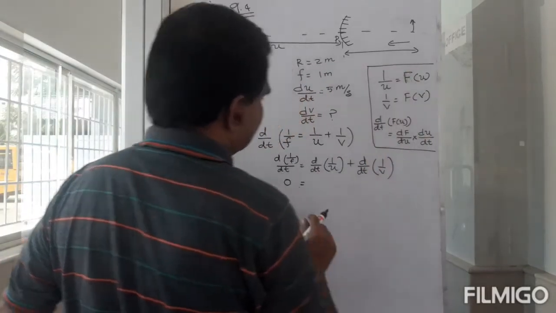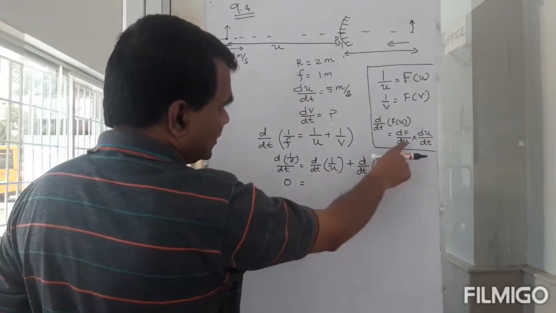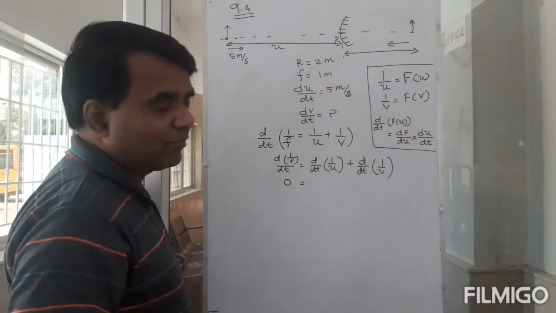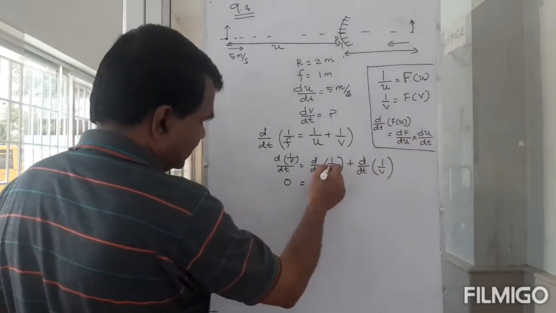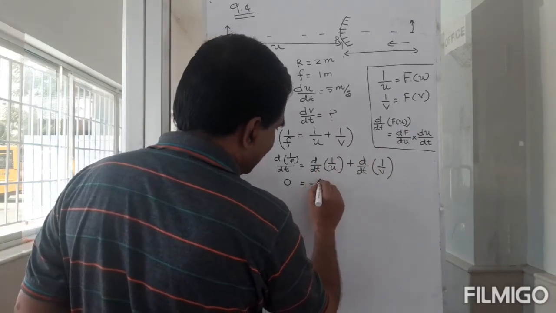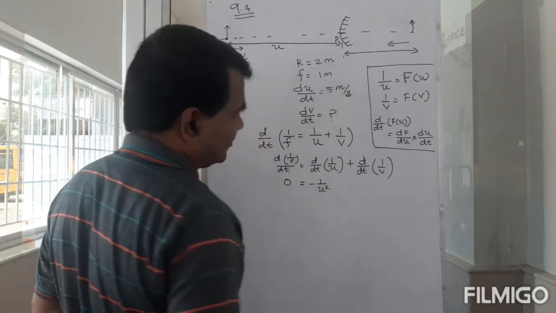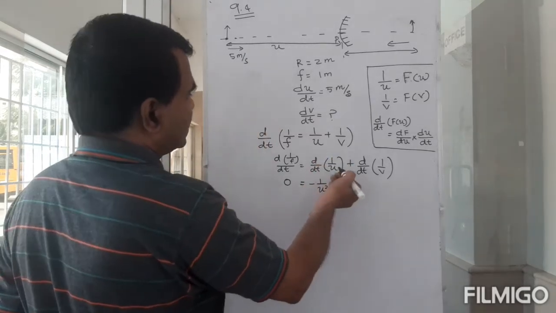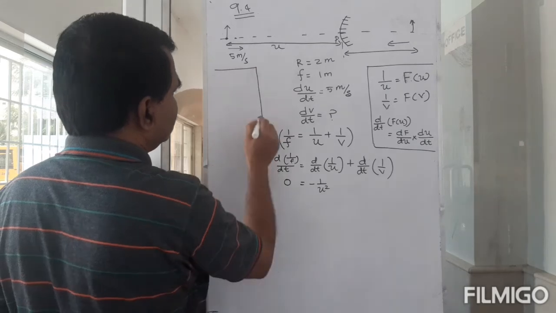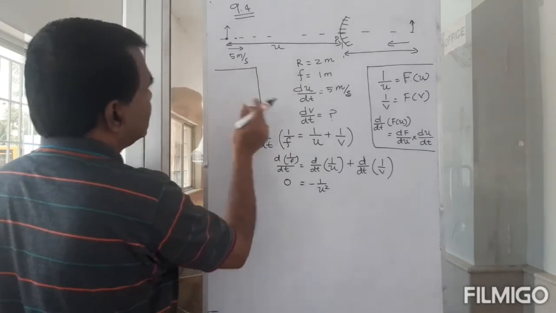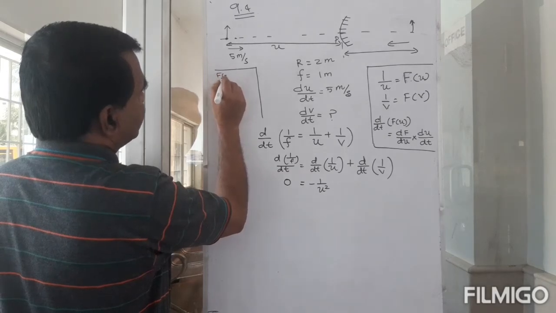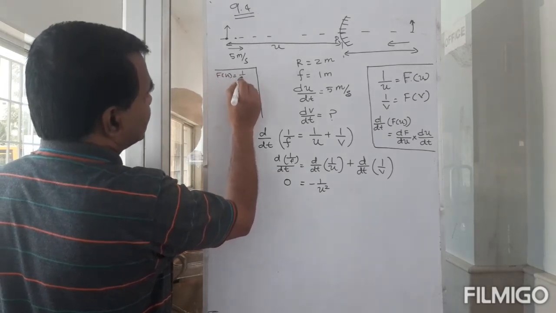So I'll differentiate this first with respect to u and then multiply the result with du by dt. The function f of u is actually 1 by u.